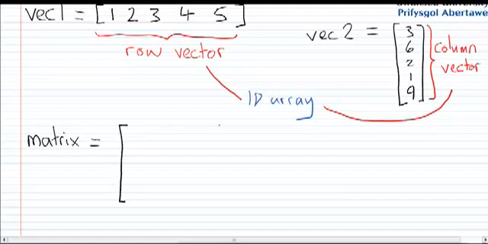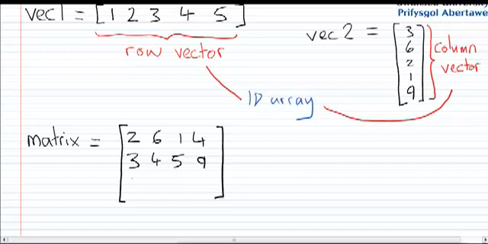Whereas a vector is a one-dimensional array, a matrix, for our purposes, we can think of as a two-dimensional array or a two-dimensional structure of data. So we could put any numbers we want in here. And hopefully by now you are comfortable with how you create vectors and arrays within the MATLAB computing environment.